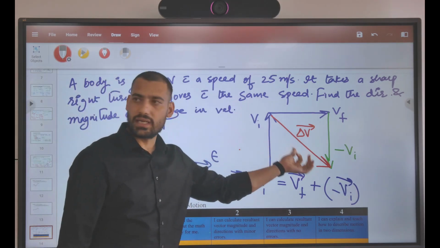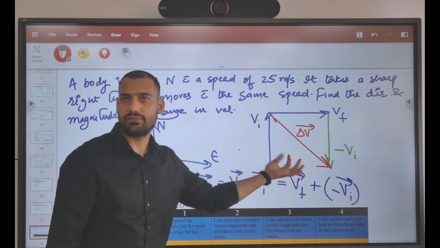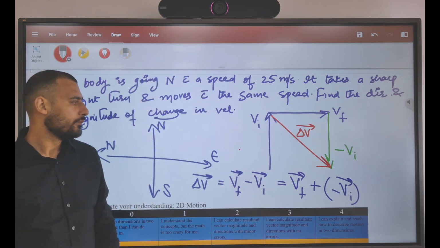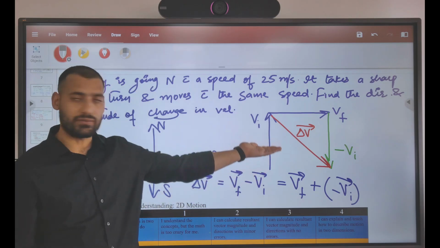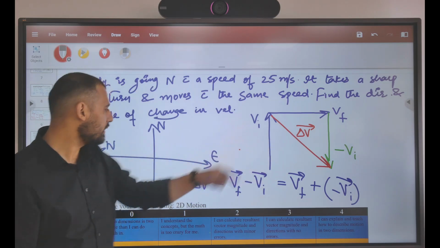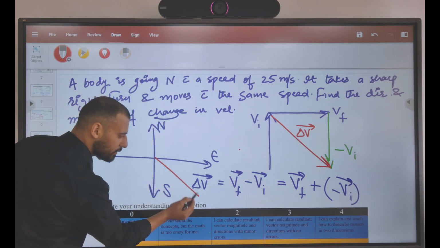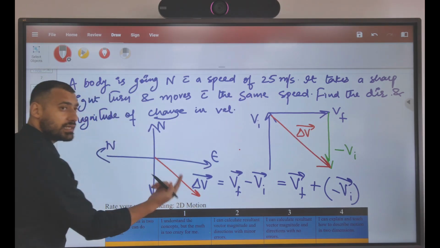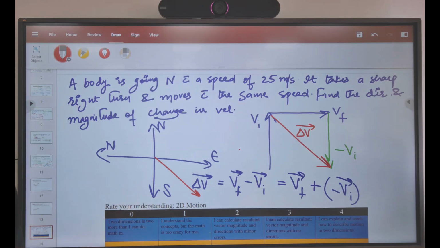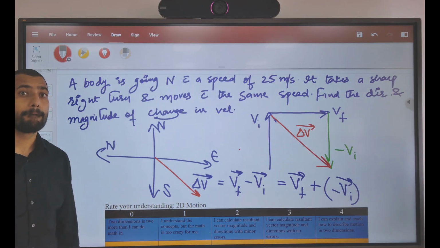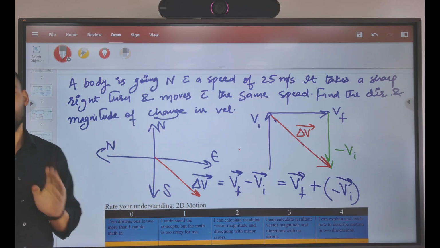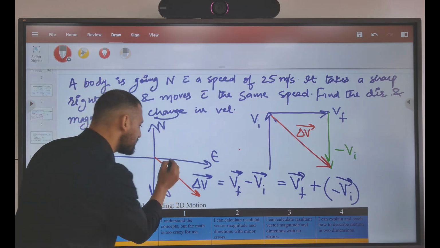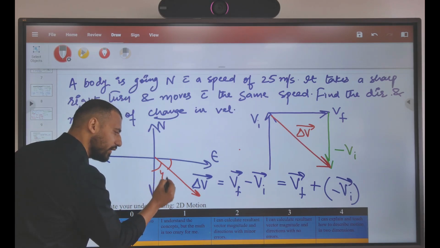Did all of you arrive at the same diagram for the change in velocity? Yes, so we have the direction, right? So what is the direction? It is somewhere here, isn't it? What is this direction? How do you name this direction? Southeast, yeah. Because, understand, this angle and this angle is 45.